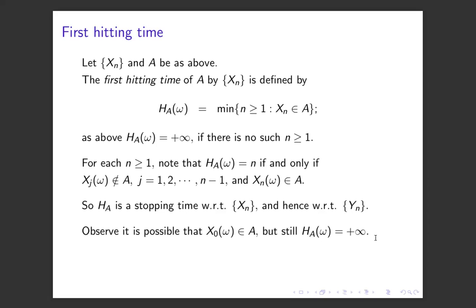So in such a case, for A equal to the singleton set {1}, T sub A, that is the entrance time, is 0, but the hitting time is infinity. That is, the Markov chain, once it leaves state 1, never comes back to 1.